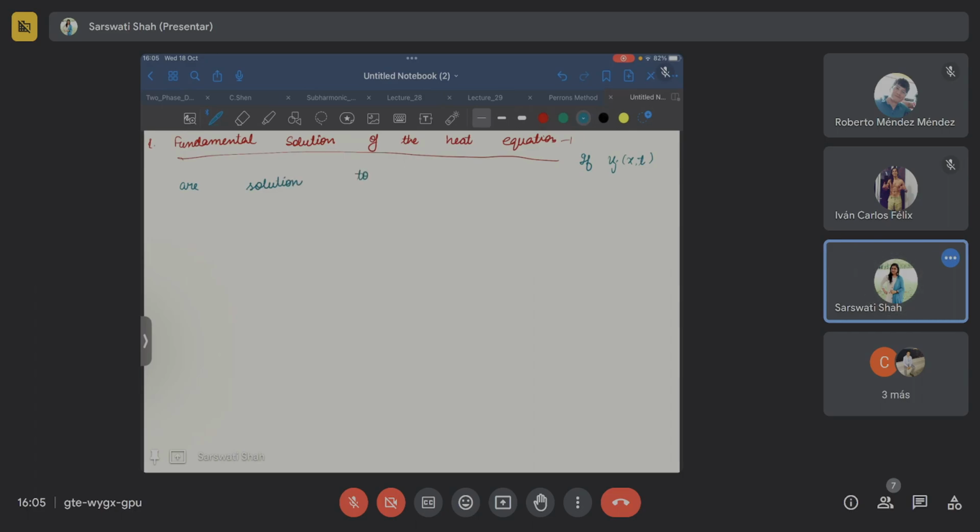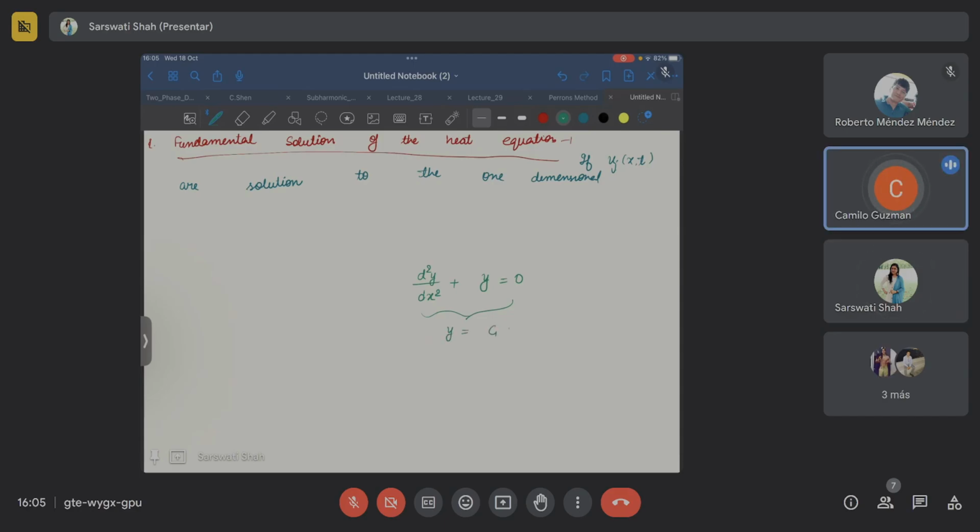Just before writing this I would like to ask you one thing. The answer will be given by you: d2y over dx squared plus y equals 0. What is the general solution of this ordinary differential equation?